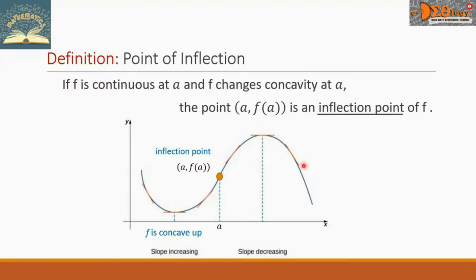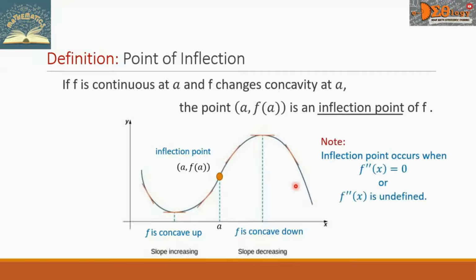So on this interval, the function is concave down. There is a note. Inflection point occurs when the second derivative of x is equal to 0, or if the second derivative of x is undefined.